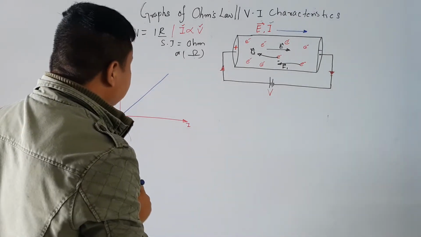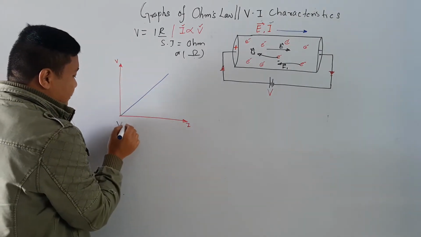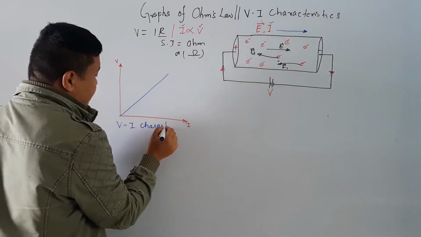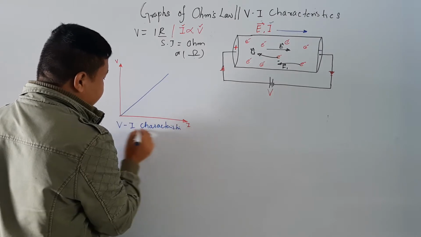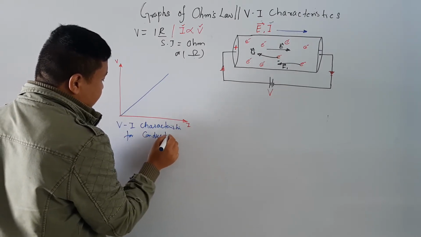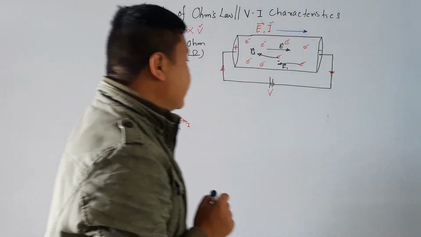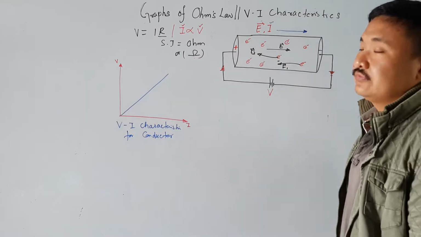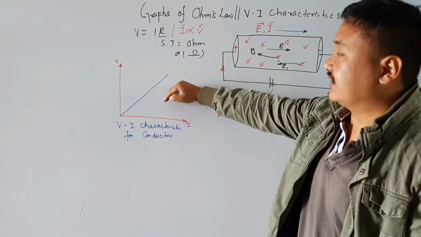This is my VI characteristic for a conductor. So whenever you plot Ohm's law in a graph, it will give me a straight line.